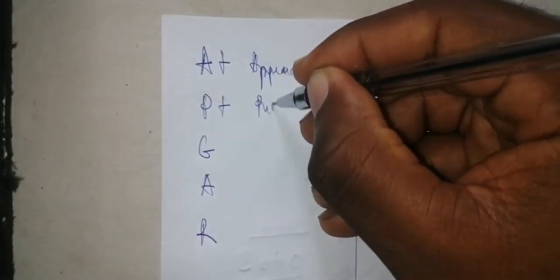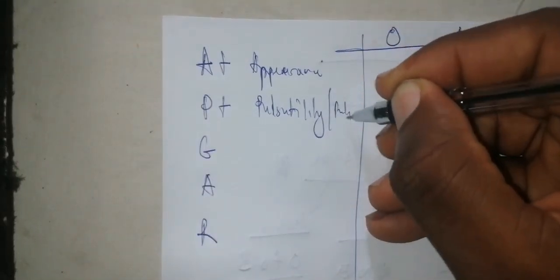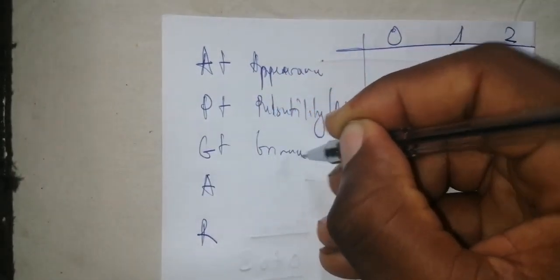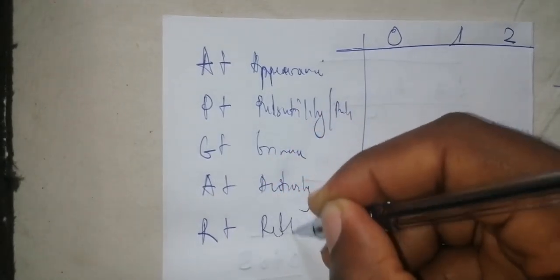So we have the appearance, the pulsatility or the pulse, the grimace, the activity, and then the reflexes.